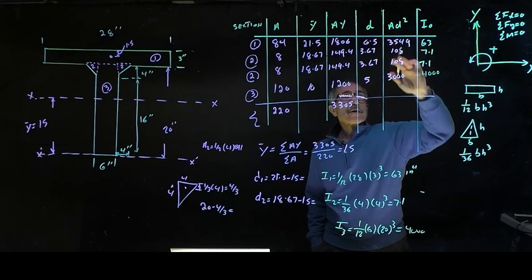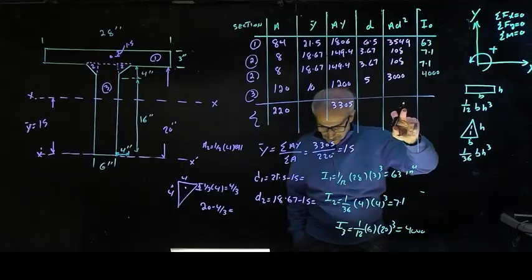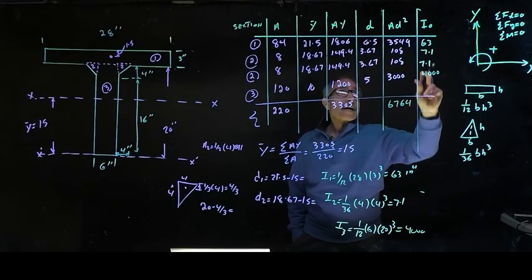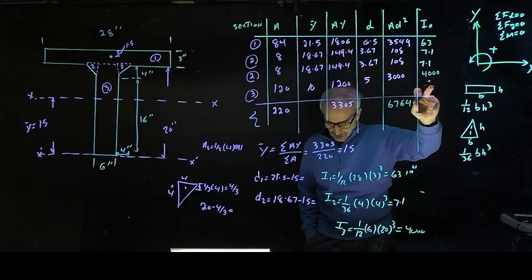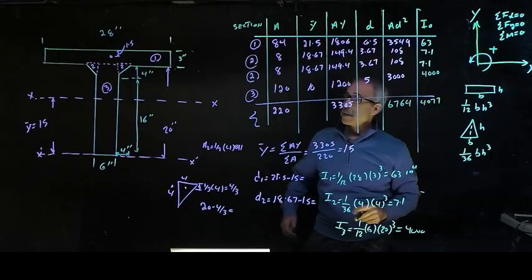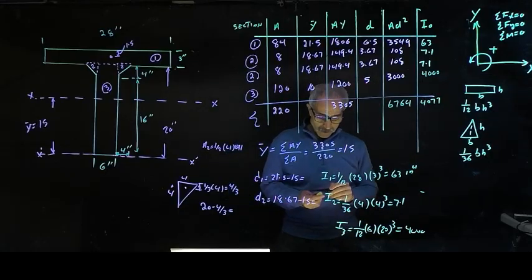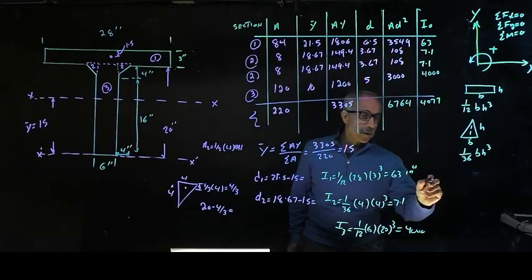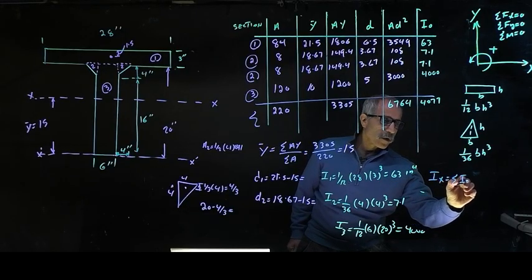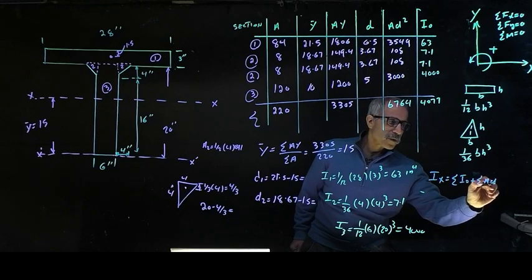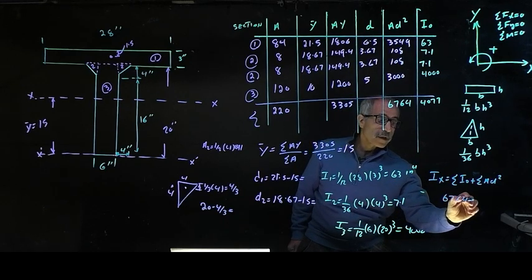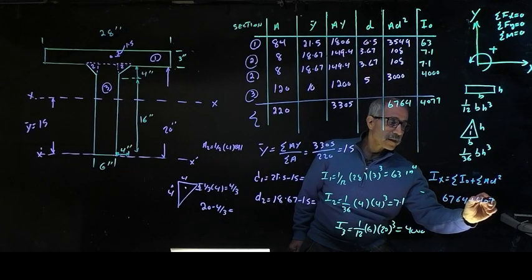I'm going to do all the A D squared, and I'm going to do the Io. The sum of A D squared came out to be 6764, and the individual moment of inertia came out to be 4077. Now, the total moment of inertia for the compound shape, I, is equal to the summation of Io plus the summation of A D squared, so 6764 plus 4077.